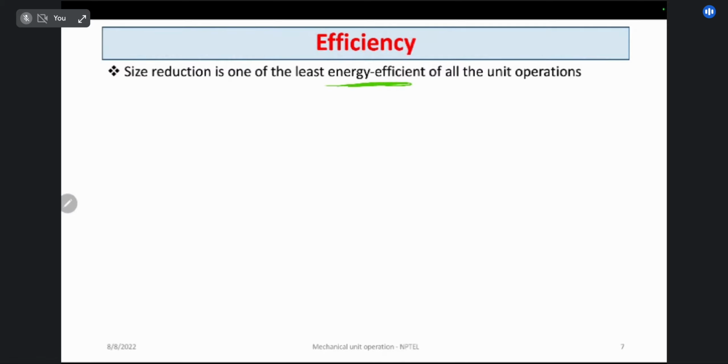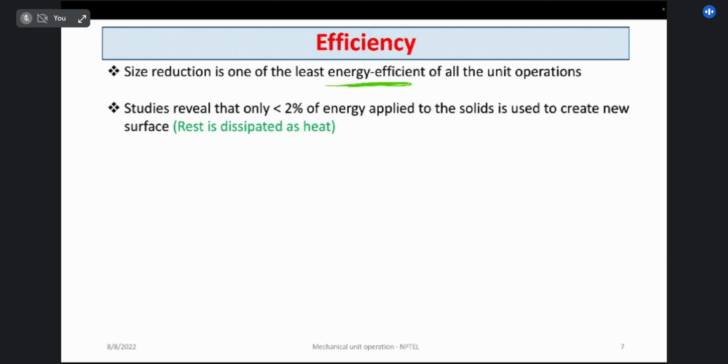If anyone asks which unit operation has the least energy efficiency, it is size reduction, because a major amount of energy is expended on the solid to bring it into the final form, and then the force application is done. Obviously, most of the energy will be dissipated as heat, which is only heat loss.